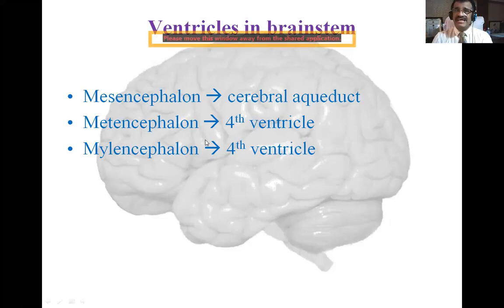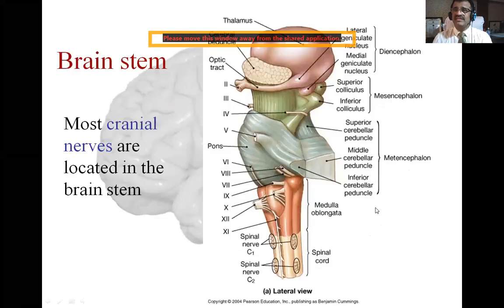Okay. Here you can see the brainstem with the attachment of most of the cranial nerves, because I told you that out of 12, 10 are attached to the brainstem. This diagram shows the brainstem in three different colors: greenish, bluish, and reddish. Here is a pinkish portion which is the diencephalon.